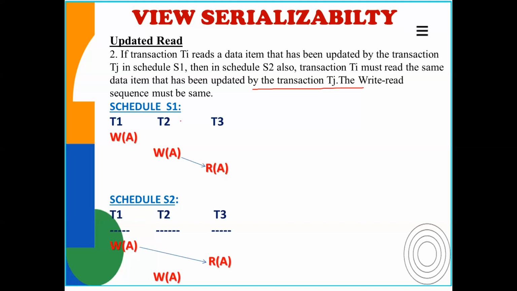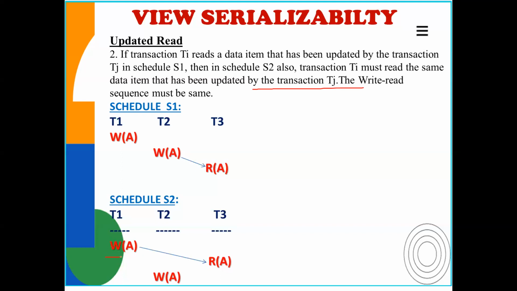Okay, that is in schedule S1. In schedule S2 also, the same sequence must be there. If T3 has to read the value of A which has been updated by T2 only, not by transaction T1, then only we can say that S1 is view serializable to S2. But take the schedule S2. Here also we have a read operation and transaction T3 is reading the data item A, but it is reading the value of A which has been updated by transaction T1.